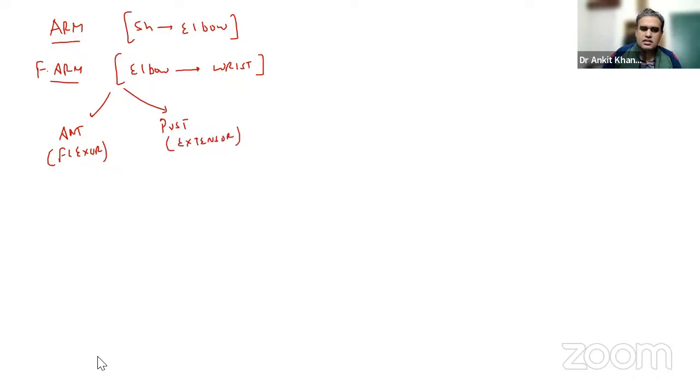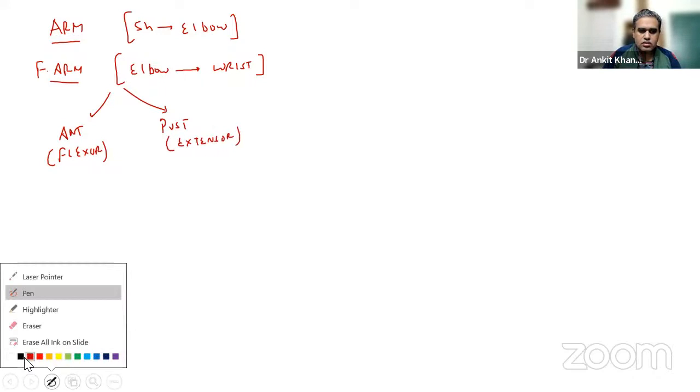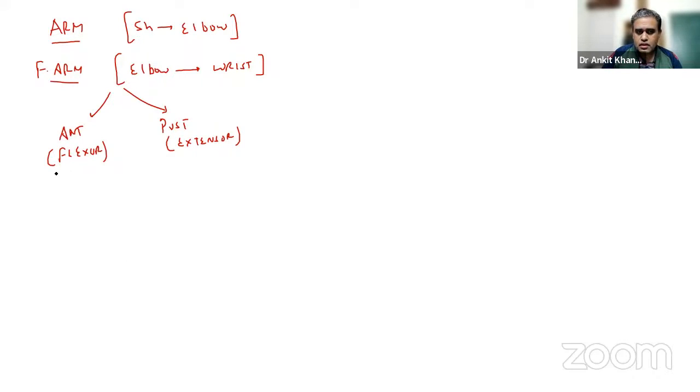Okay, these are the basics that we need to know before rushing on to the topic. And mind you, in this region of forearm, in both the anterior flexor compartment and the posterior extensor compartment, most of the muscles we will see take origin from the area around the elbow, pass through the wrist joint, and their tendons insert into the bones of the hand.